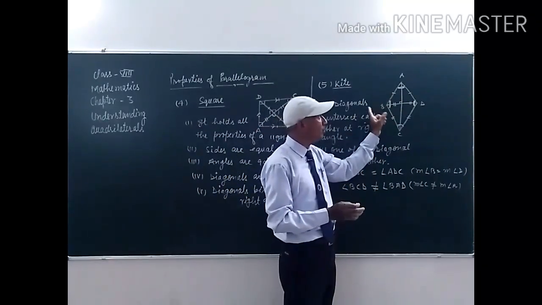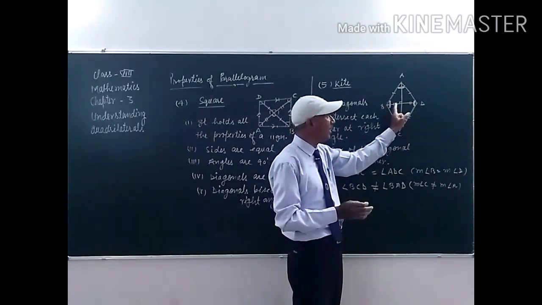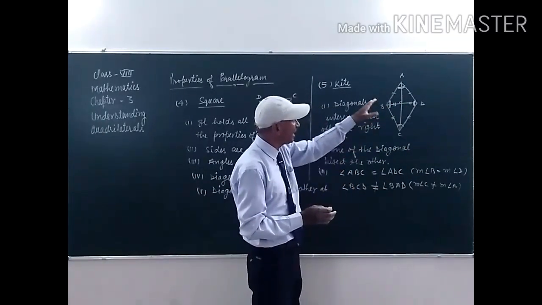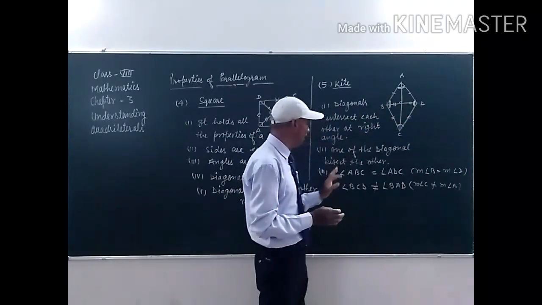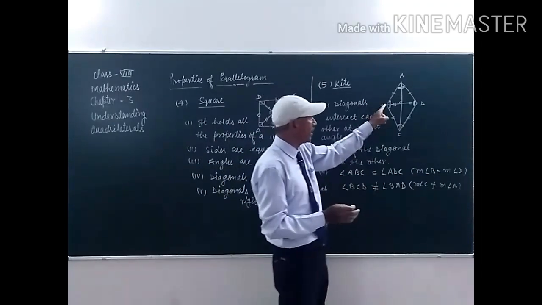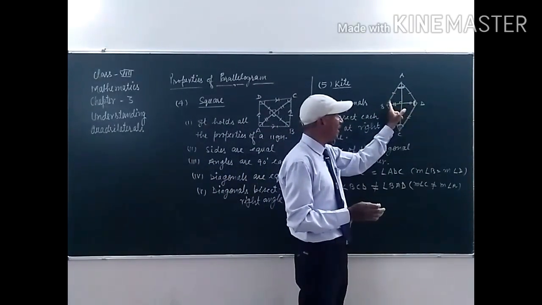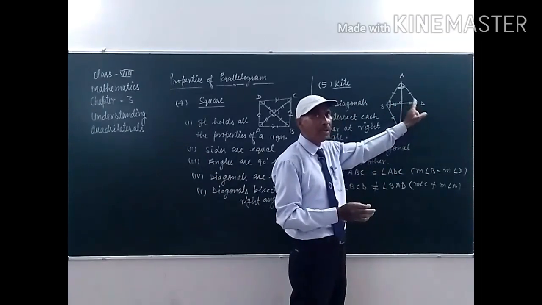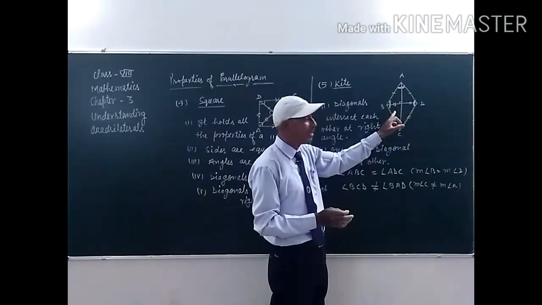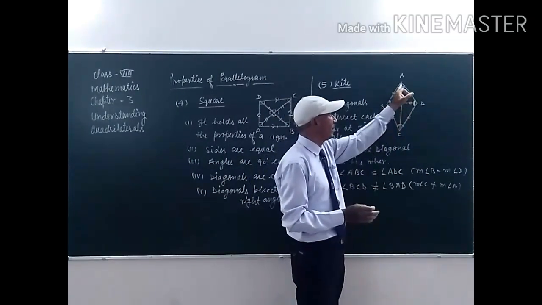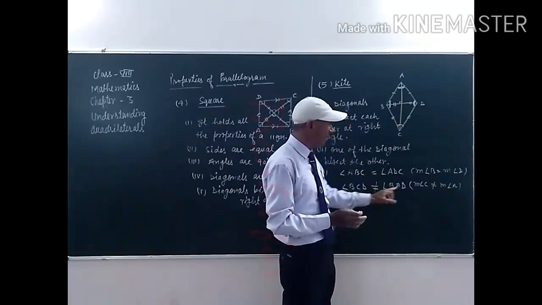One diagonal bisects the other diagonal, means divides it into two equal parts. And third property, one pair of opposite angles is equal. It means angle B, measure of angle B is equal to measure of angle D. But the next pair of opposite angles is not equal, student. This one, angle C is not equal to angle A.